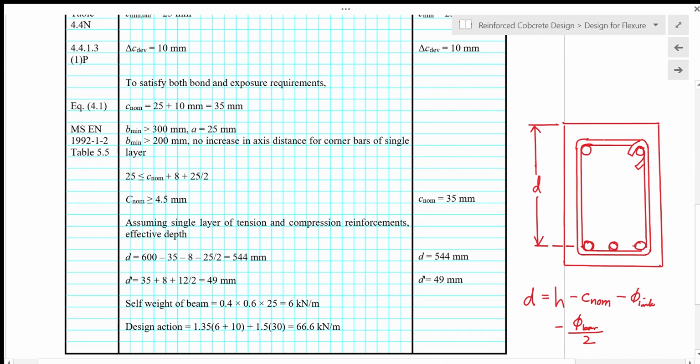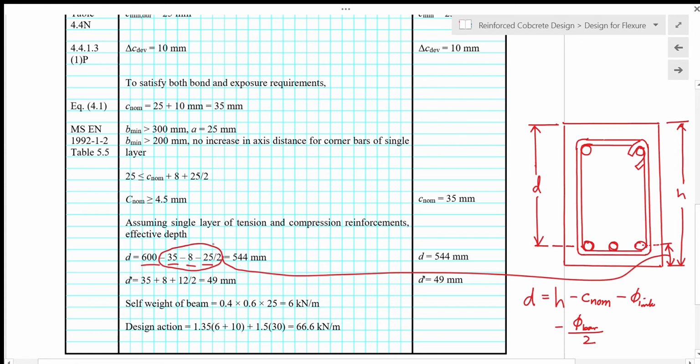Okay, if you have only one layer of main bars there. So in this case h is 600 mm, C nom is 35 mm, diameter of link is 8 mm, and the main bar is 25 mm. So meaning that we have h minus this amount, which is equal to this whole amount here that we minus off from h. So we get d equals 544 mm.